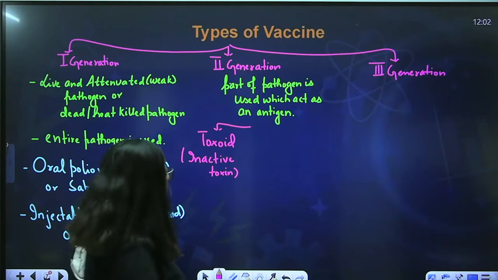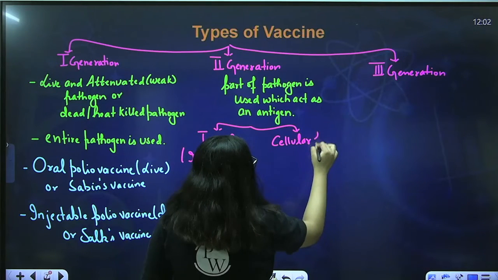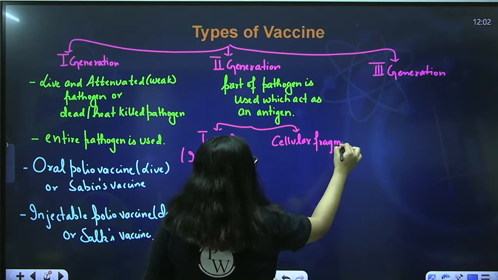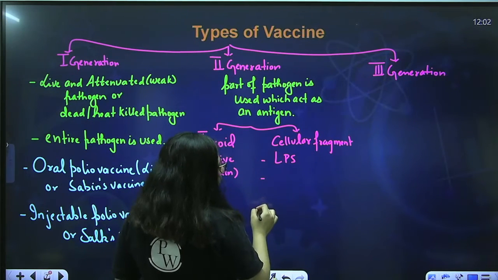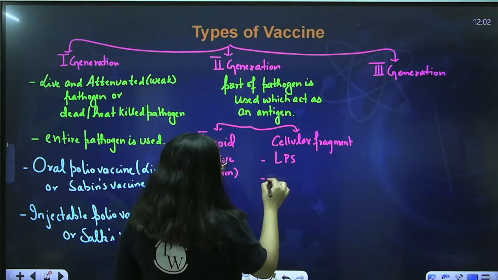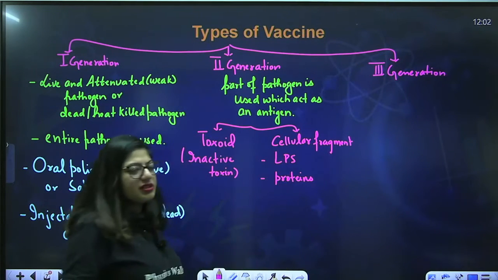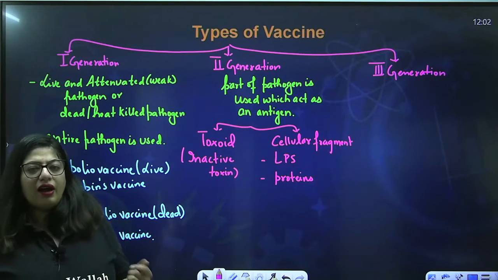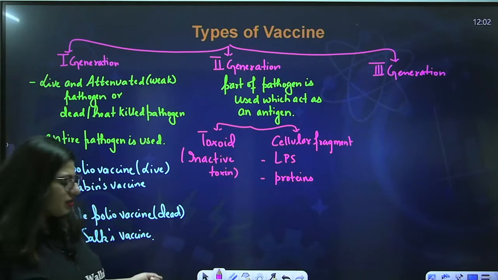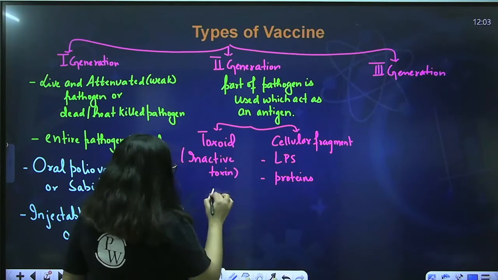And the second is, it can be any cellular fragment. That means a part of a cell, like LPS, the lipopolysaccharide layer. It can be anything like some proteins or glycoproteins. Anything can be the antigen depending upon the particular type of disease you have. Here the example is DPT.